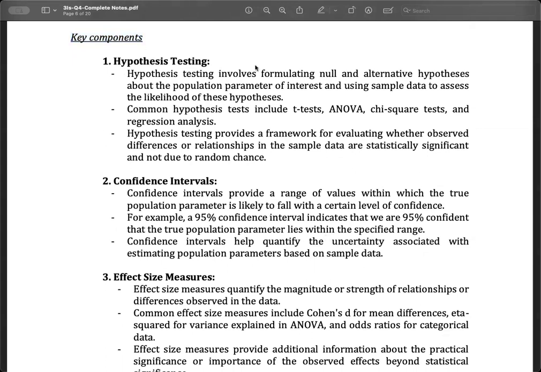So number one is hypothesis testing. Yes, hypothesis testing. This is non-negotiable. In any inferential statistical analysis, there is always hypothesis testing.